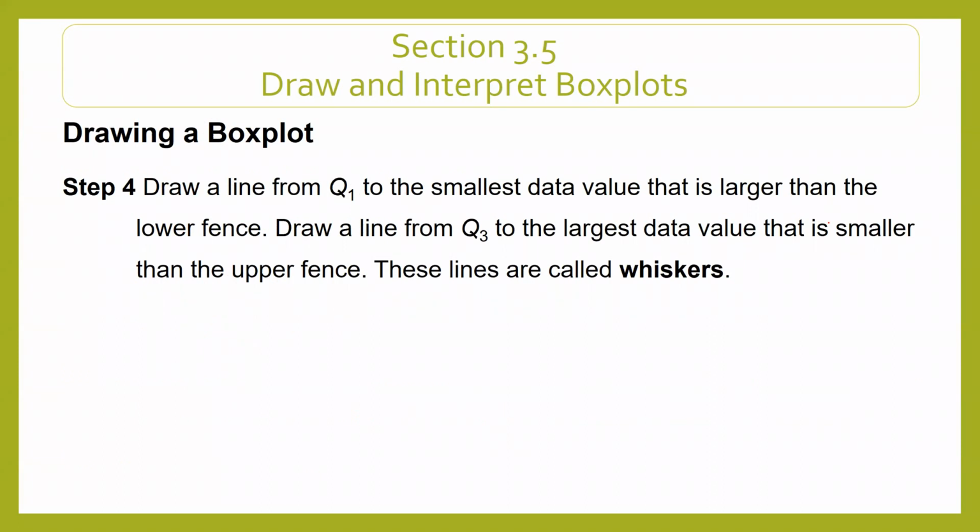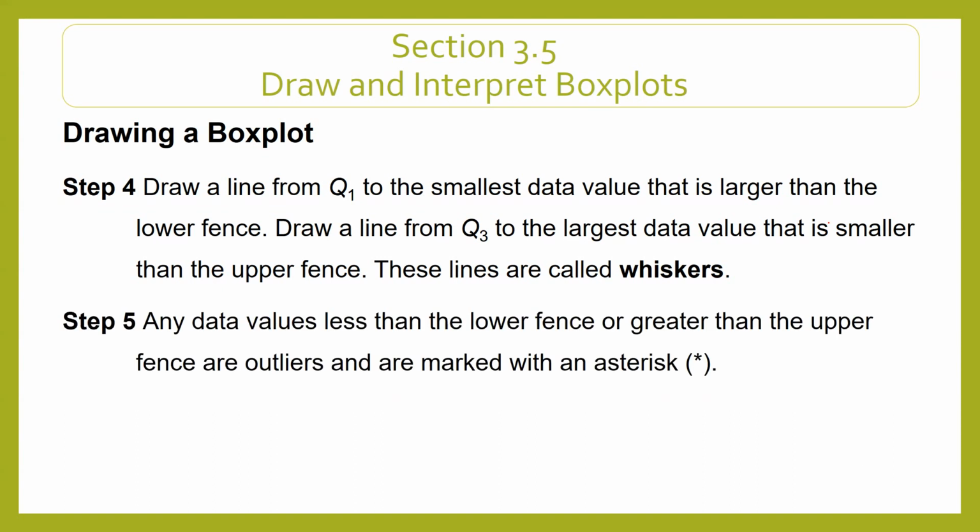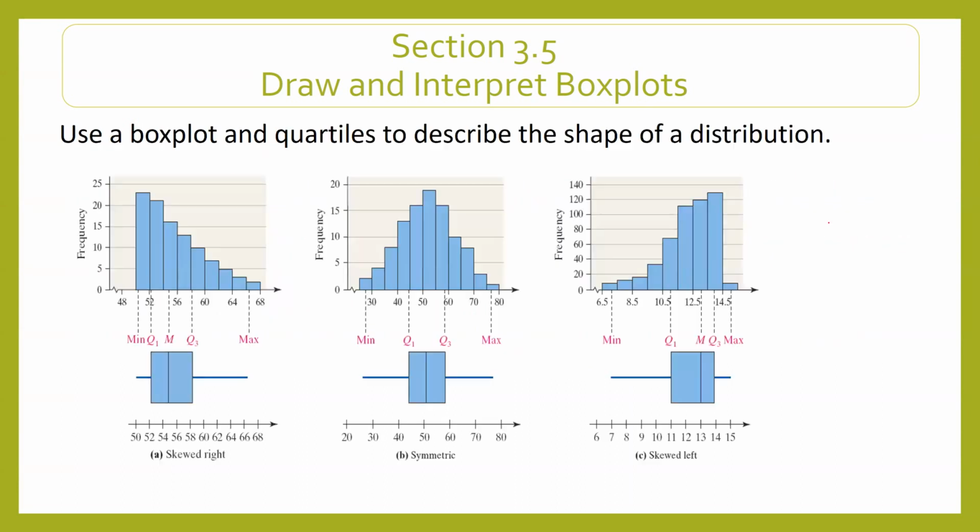Draw a line from Q1 to the smallest data value that is larger than the lower fence. Draw a line from Q3 to the largest value that is smaller than the upper fence. These lines are called whiskers. Any data value less than the lower fence or greater than the upper fence is an outlier and is marked with an asterisk.